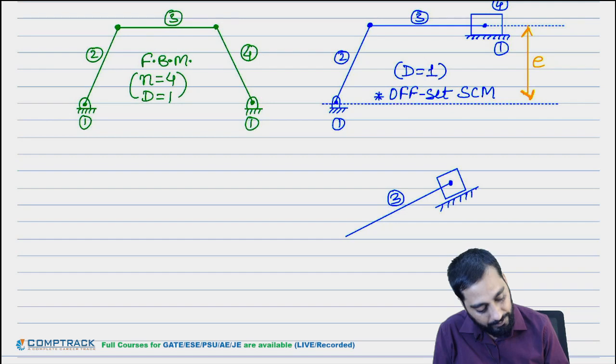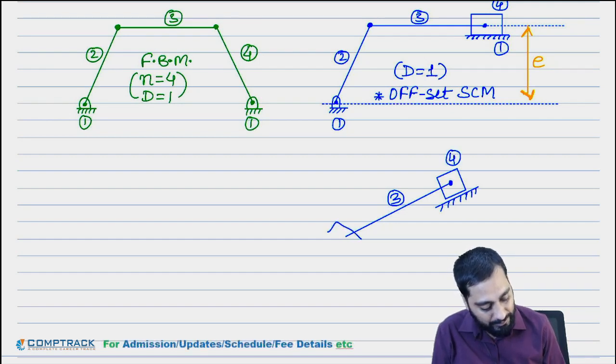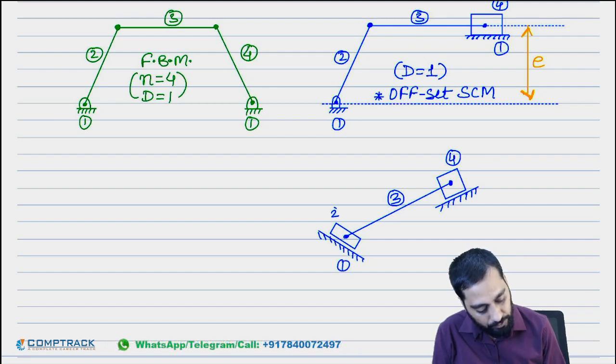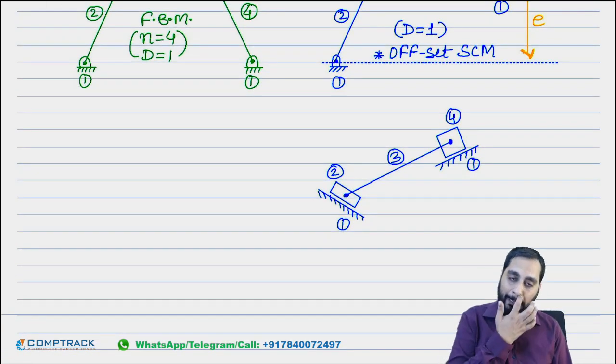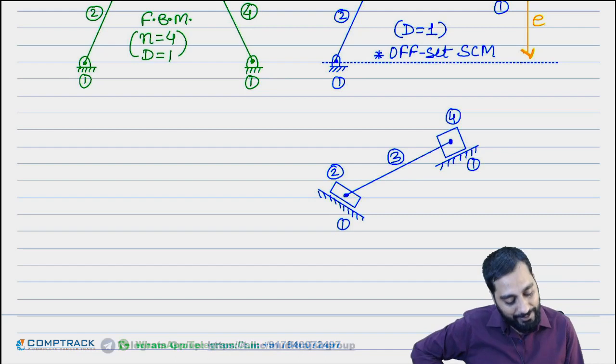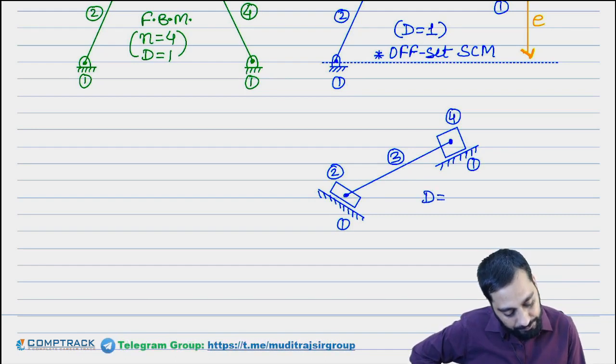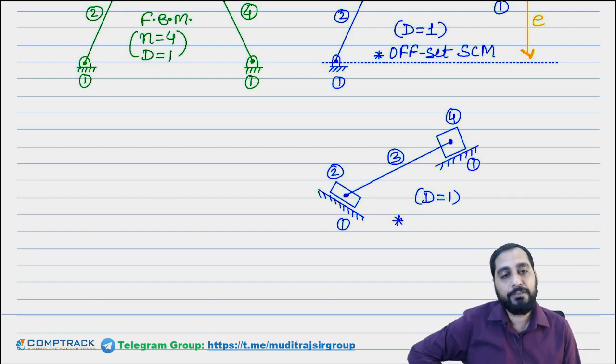So the fourth link has become a slider now, and let's say this is the second link. The second link is also a slider right now like this, and the first is still fixed. So 1, 2, 3, 4 and 1. Now again when you check this, the degree of freedom will be 1, the same degree of freedom.